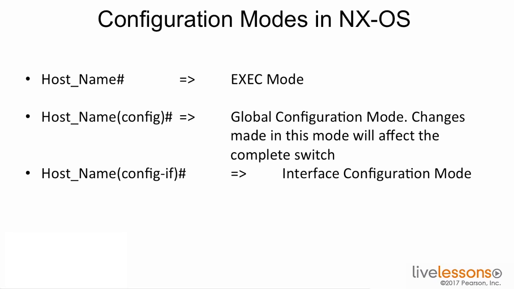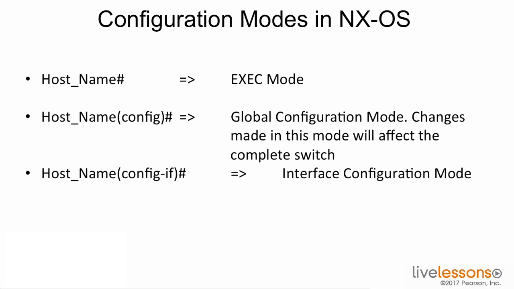To get to these different modes, when you start off in exec mode, you would type in config T, or configure terminal. To get to the interface configuration mode, once you are in the config T mode, you would type in the interface that you want to modify: interface space E1/1. I'll show you more of this later on.